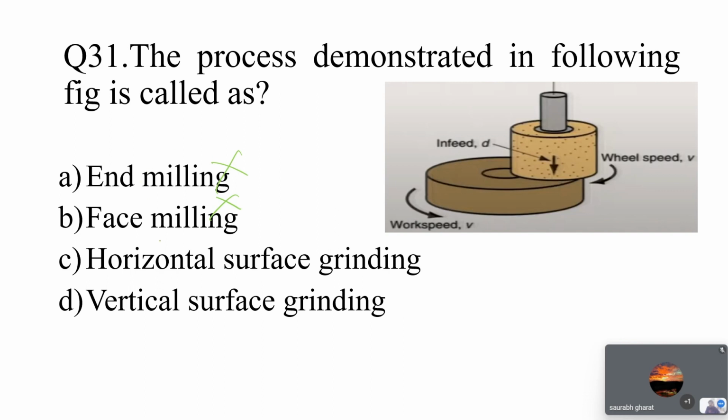And again, these options are cancelled. Horizontal surface grinding or vertical surface grinding: you need to check your axis. Where is your axis?